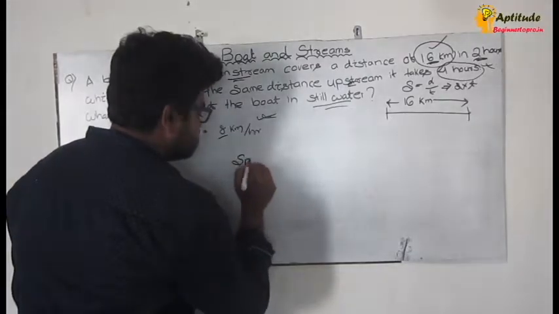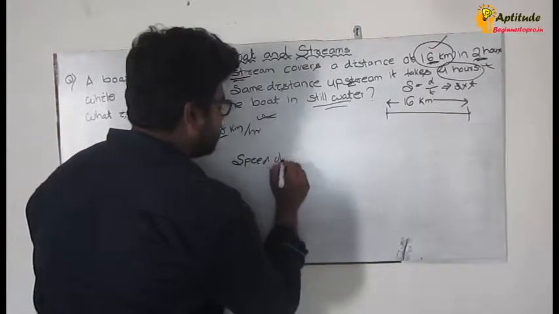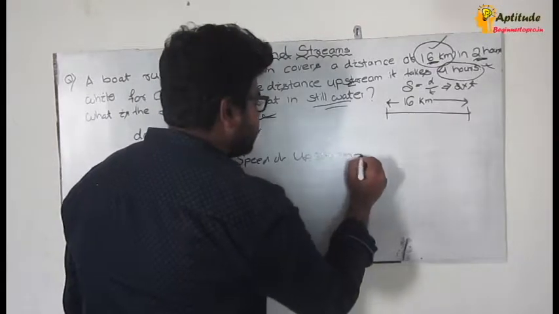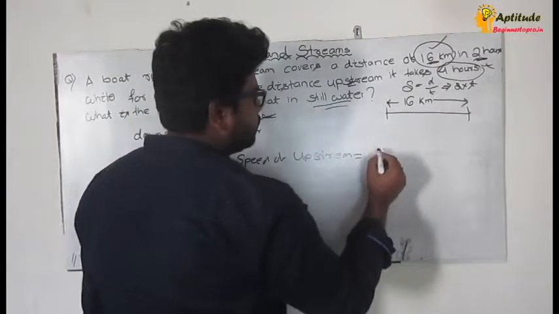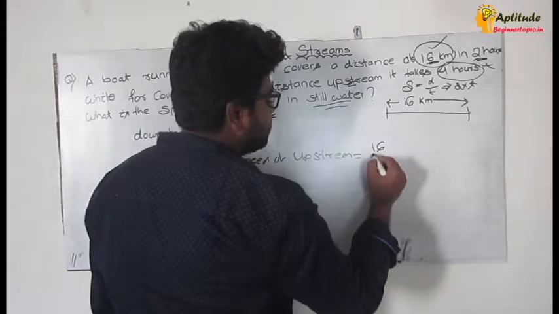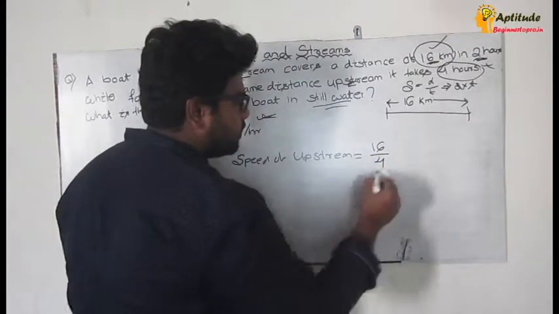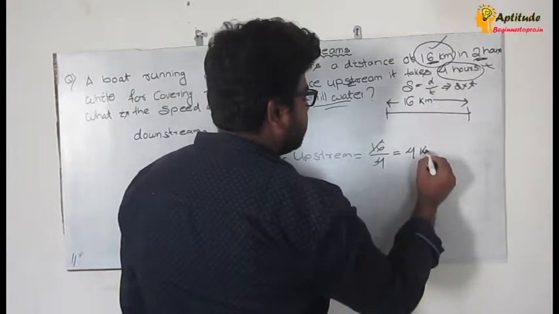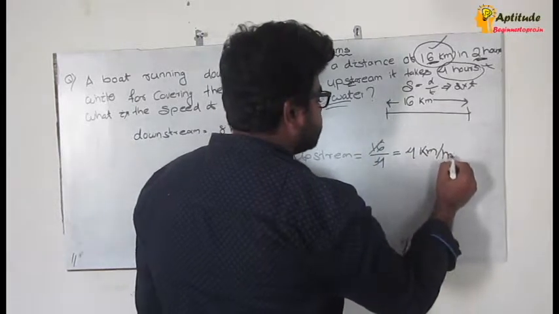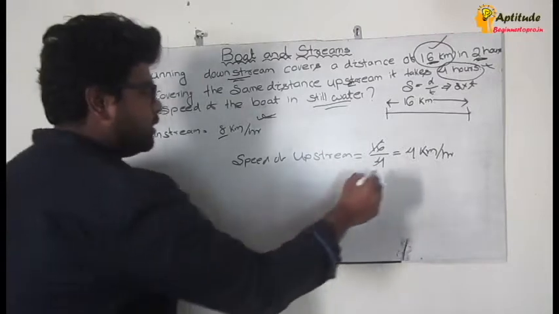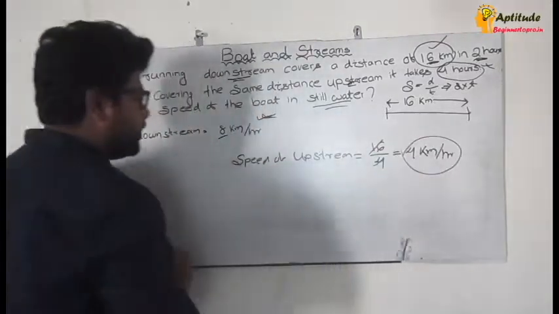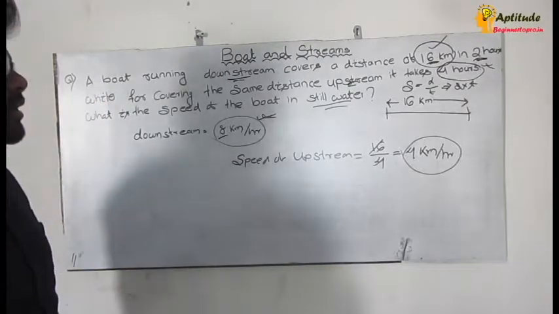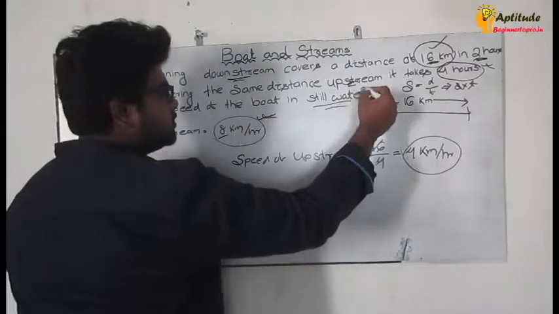So speed of upstream is equal to total distance by time, that is 16 by 4, that is equal to 4 kilometers per hour. So we have our upstream speed and we also have our downstream speed. From there we can calculate the speed of the boat.